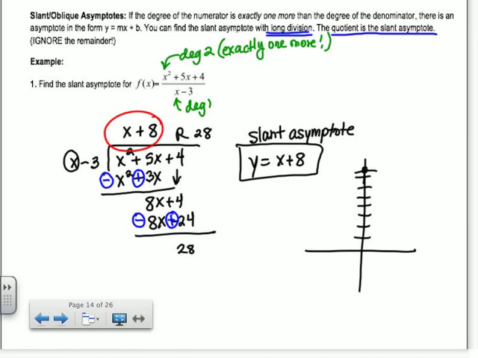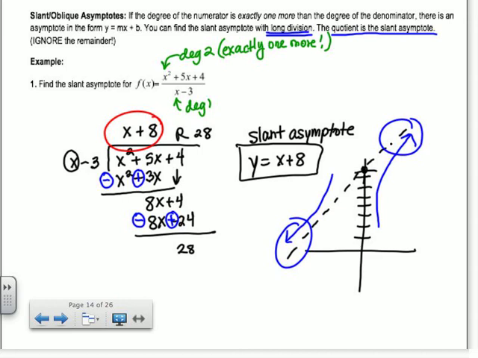You have this dotted line, and the ends of your graph might go along that line. That's all it means. So just the ends of the graph. I don't know if that's exactly what the graph looks like, but that's what the ends look like.